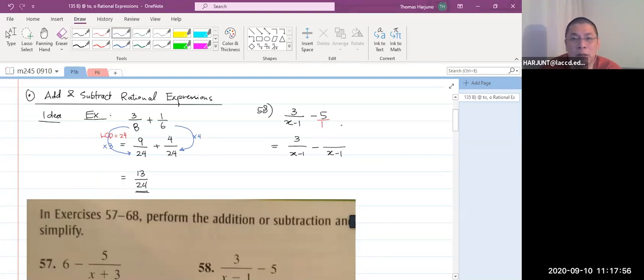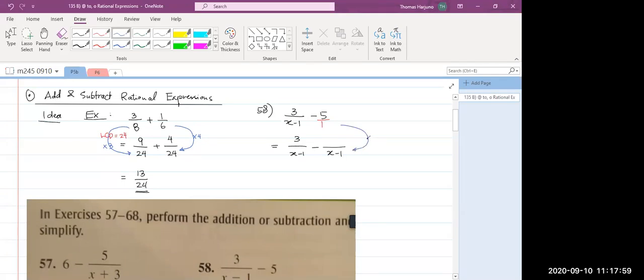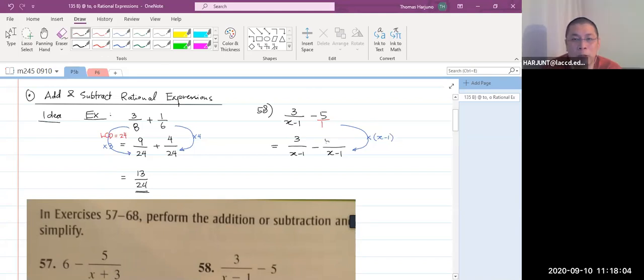However, for the second fraction, the denominator is multiplied by x minus 1, so the numerator will also be multiplied by x minus 1. Now, the purpose is to get the LCD such that we can put them together under the same fraction. 3 minus 5 times x minus 1. And from there, we go on simplifying: 3 minus 5x plus 5 over x minus 1. It's negative 5x plus 8 over x minus 1.